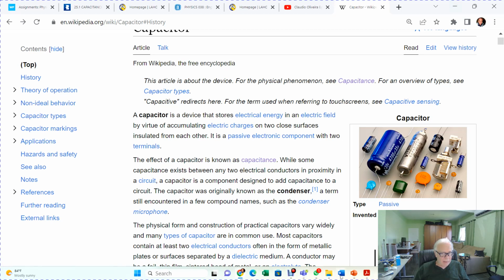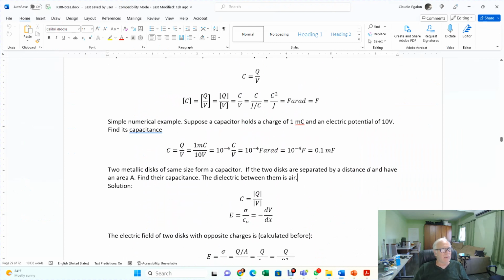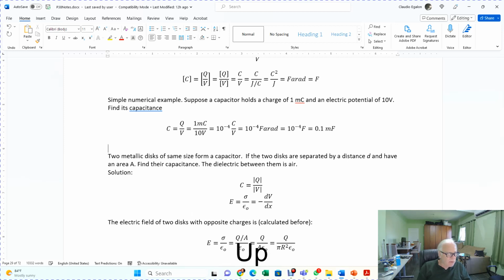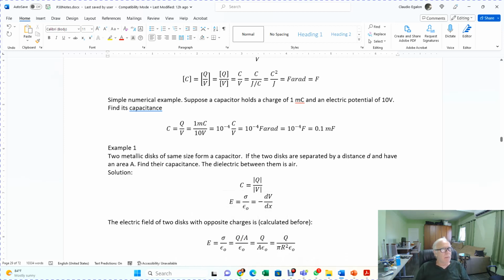Okay, and here's the example. Consider that our first example of capacitor, example 1. Planar capacitor. Two metallic discs of same size form a capacitor.